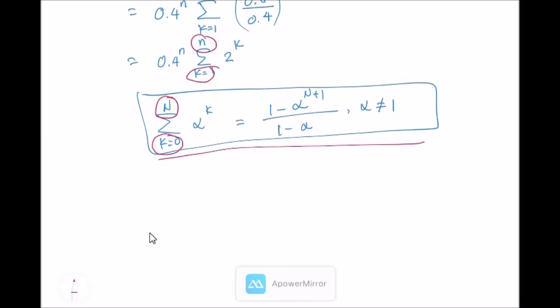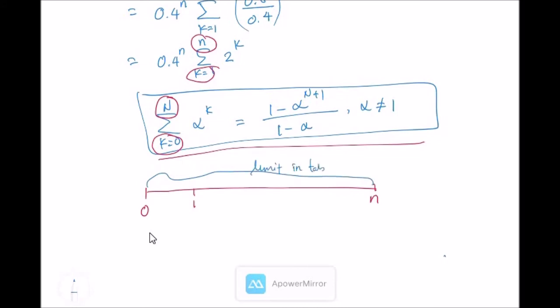So I draw a limit here. Say this is 0 and this is 1 and this is n. Now in your formula, these are the limits in the table, 0 to n.